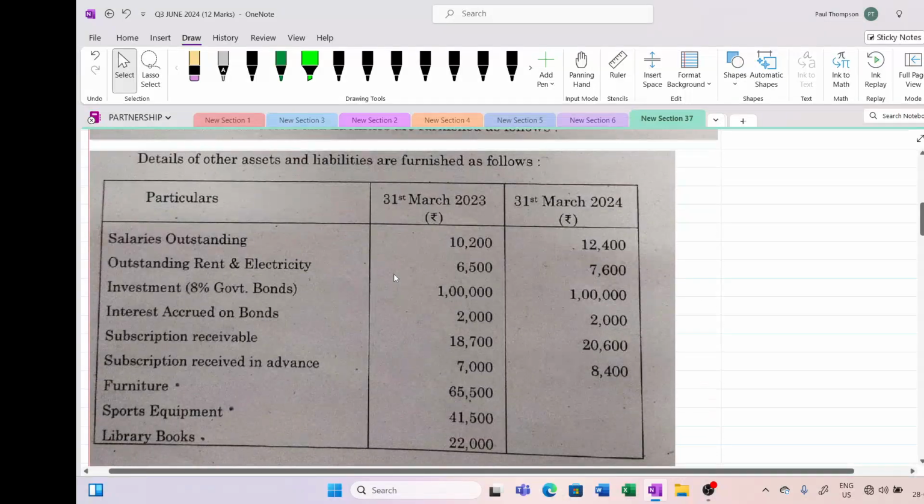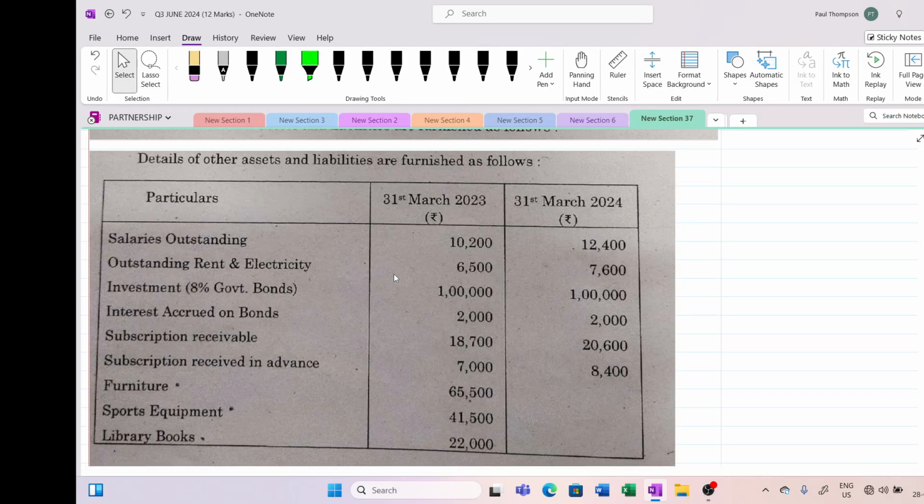Now let us go to the adjustments. Salary is outstanding, outstanding in the previous year and outstanding in the current year. You just understand the concept, then you will not have the worry of whether I should subtract or whether I should add. This salary was outstanding last year. It was payable. Now, what would have happened this year? Definitely, we would have paid.